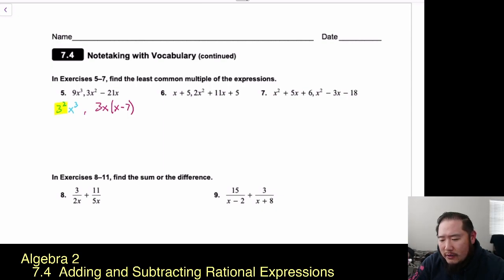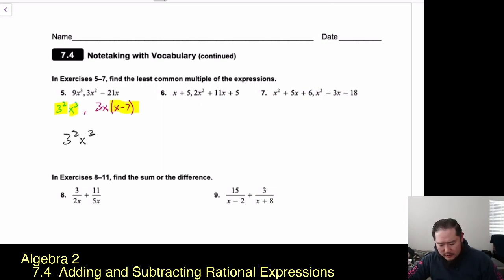So the highest powers, and then this x minus 7. So what's the least common multiple of the expressions? We've got 3 squared times x to the third times x minus 7, and that right there is your LCM.